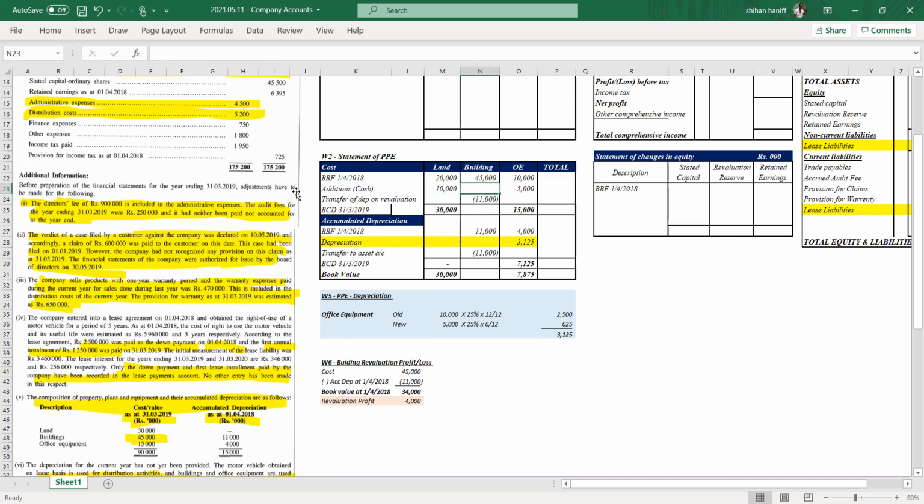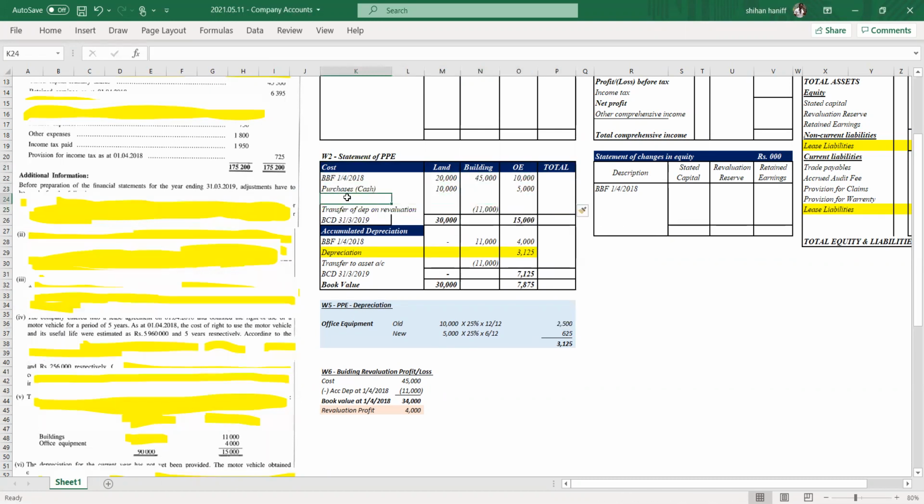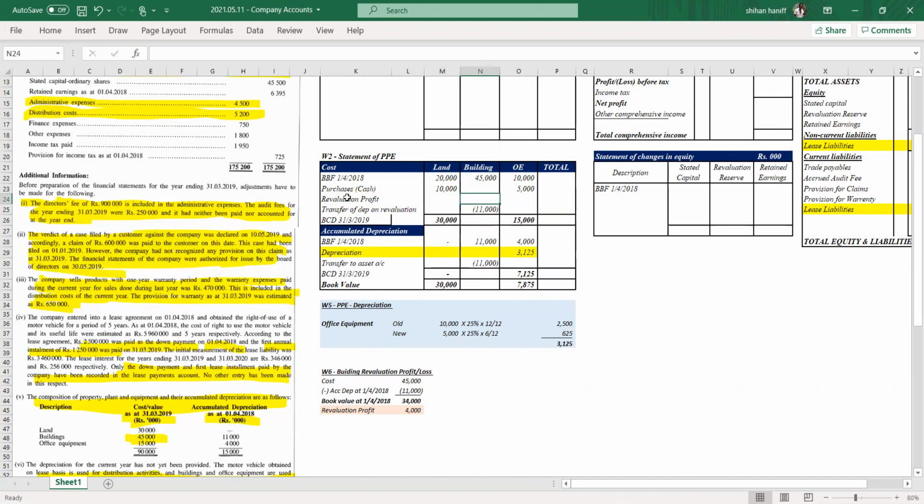We increase 4,000. You can separately say that, it's fine. Revaluation profit 4,000. So after the revaluation, the new cost will be 38,000.